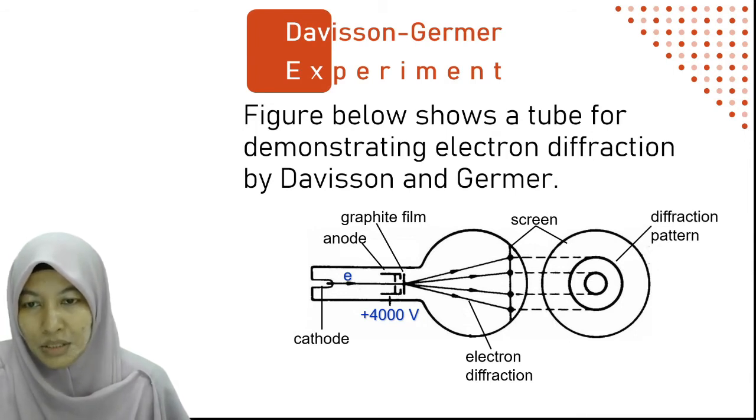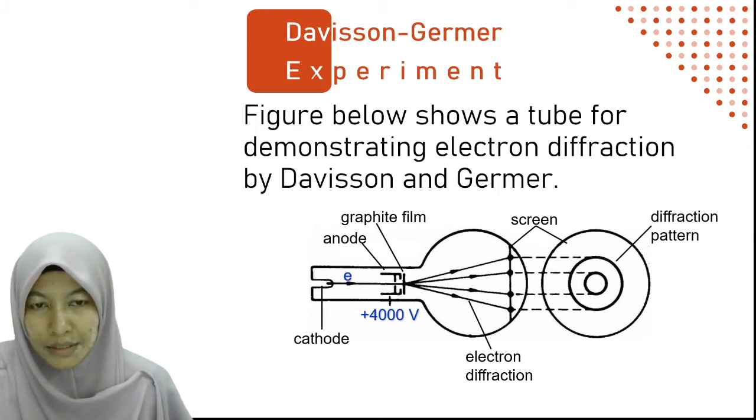Yang pertama, dekat cathode, yang mana electron beam terhasil dekat cathode. Lepas tu bahagian yang kedua adalah kita ada grafik filem. And then yang ketiga adalah hasil dia adalah pada skrin yang kita boleh lihat dia punya diffraction pattern tersebut.